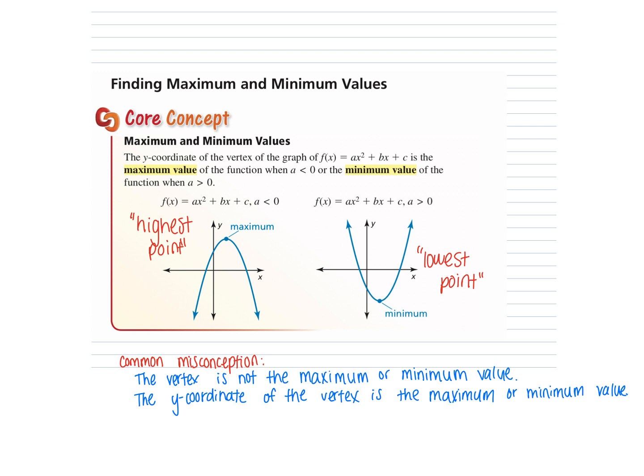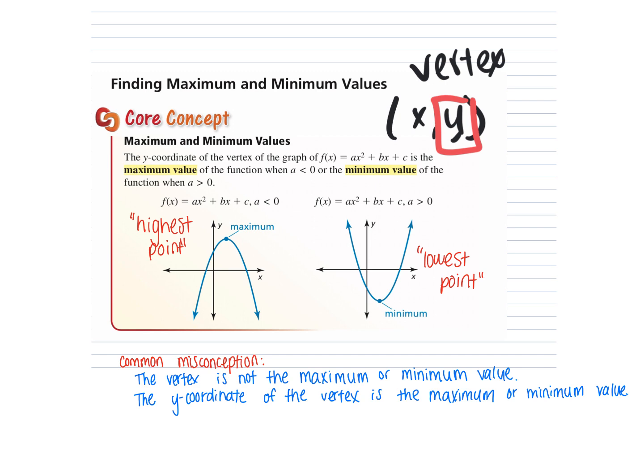Your maximum and your minimum values are your y values in your vertex, okay? So if you have your vertex, the y value will be your minimum or your maximum value. Now, you can only have one of these values for a parabola, okay?